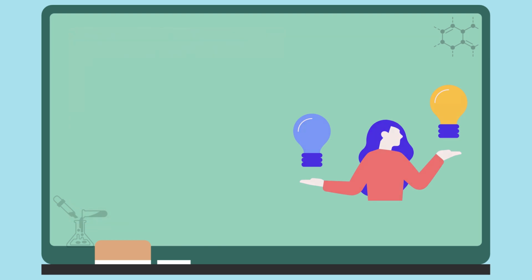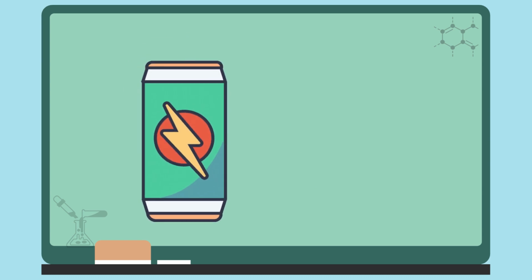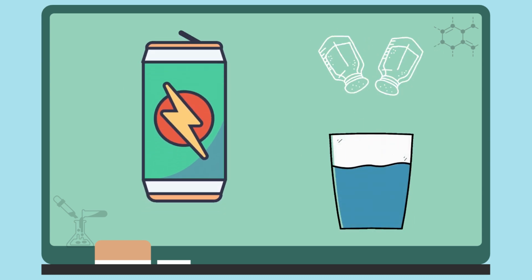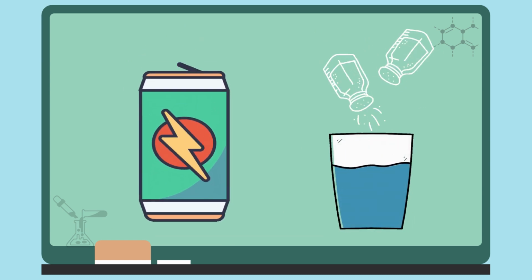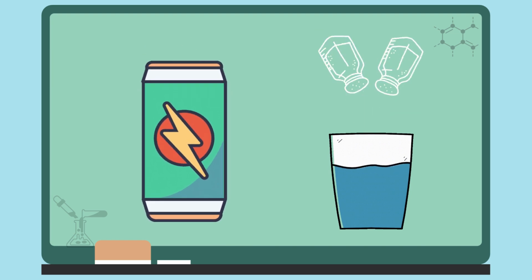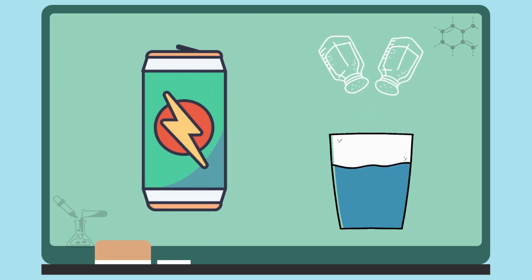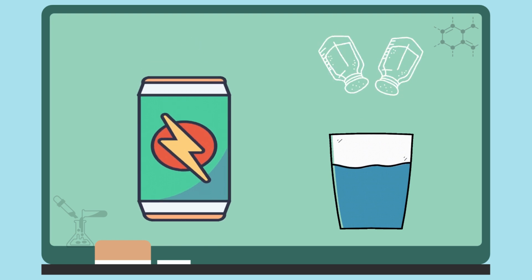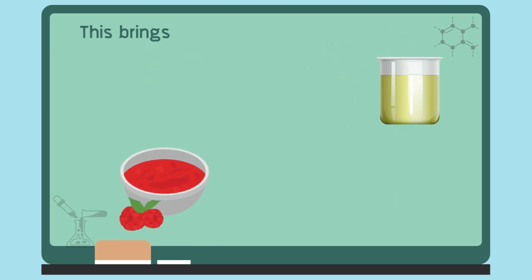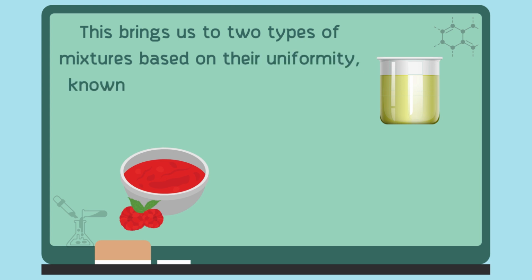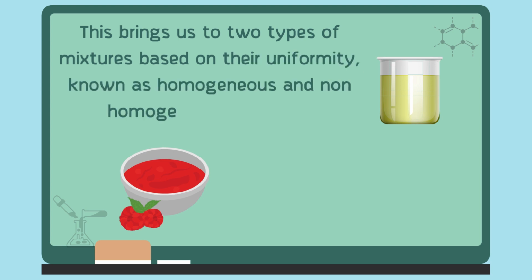On the other hand, if you ever were to drink an energy drink or some salt and water solution or a sugar and water drink, you wouldn't be able to tell the sugar or salt away from the water molecules. This brings us to two types of mixtures based on their uniformity, known as homogeneous and non-homogeneous mixtures.